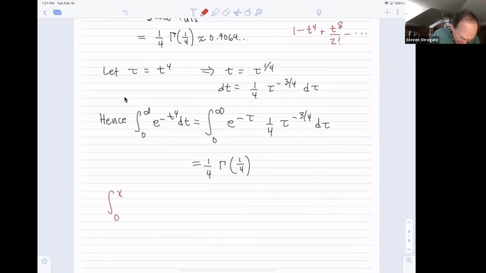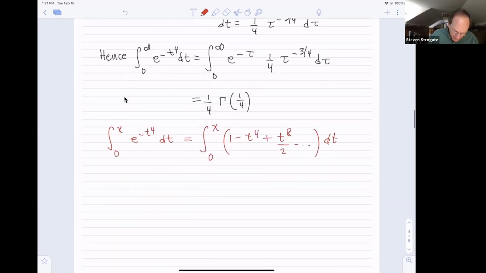So the integral from 0 to x of e to the minus t to the fourth dt is, term by term, the integral from 0 to x of 1 minus t to the fourth plus t to the 8th over 2 dt. And that gives x minus x to the 5th over 5.